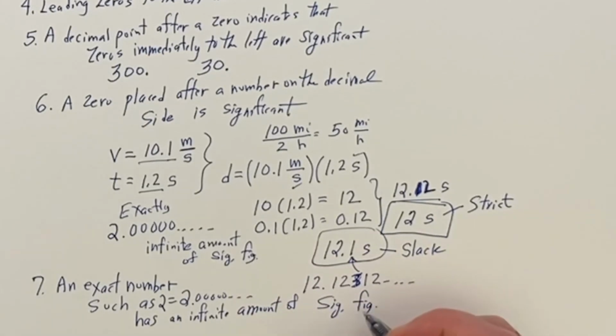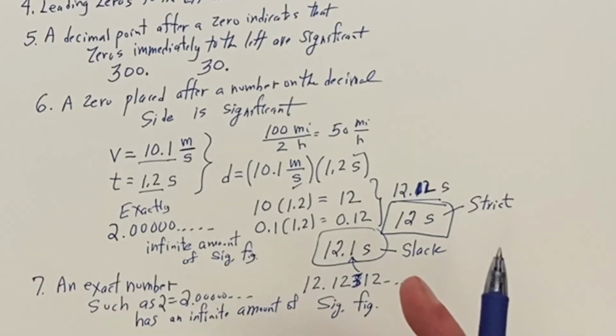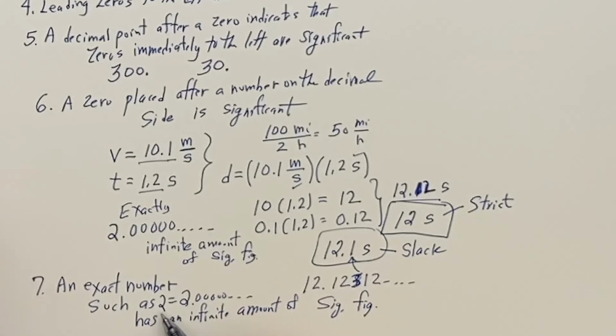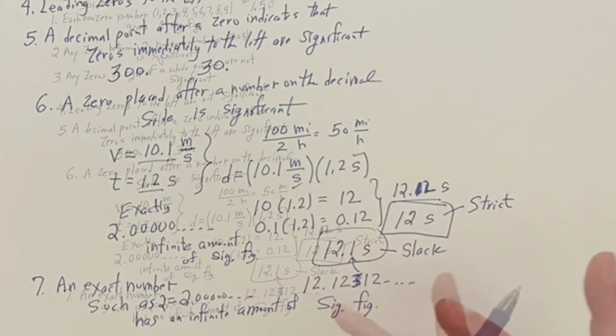So therefore, if you're doing a chemistry problem and like you had just double something, you wouldn't consider that 2 as one significant figure and then reduce everything to 1. No. You would consider that as an infinite amount of significant figures and just leave the other answer the way it is, just double it.